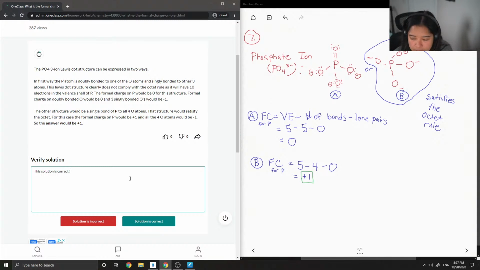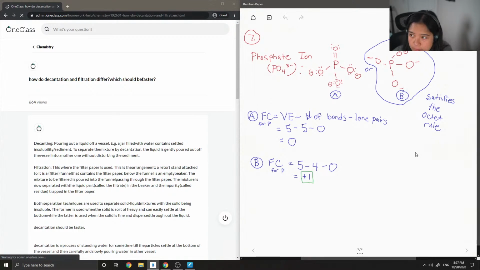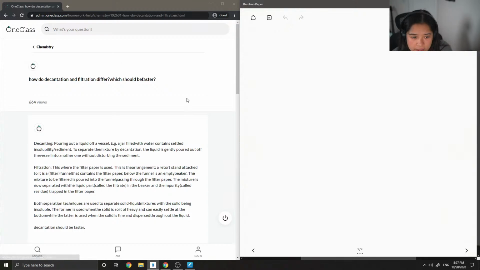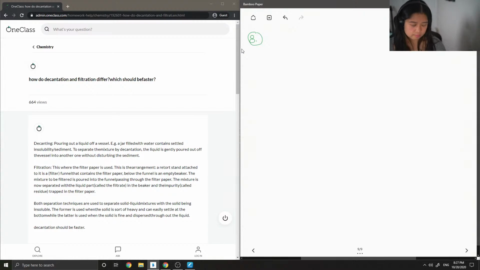Okay, so now I think we have room for one more question. Question number 8. How do decantation and filtration differ? Which should be faster? Okay, so let me make a little table.